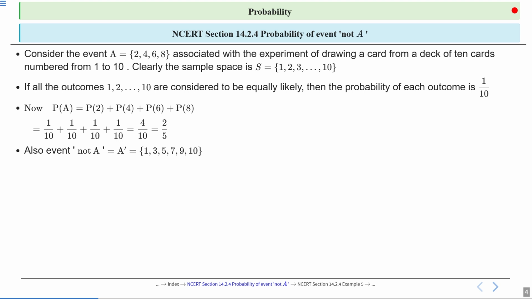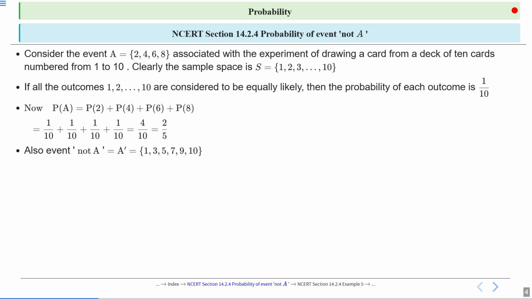Not A means we will take those outcomes which are not in A but are in the sample space S. So the event not A is the set 1, 3, 5, 7, 9, 10, since 1, 3, 5, 7, 9, 10 are not in the event A but are in sample space S. The event not A, denoted by A complement, is equal to 1, 3, 5, 7, 9, 10.